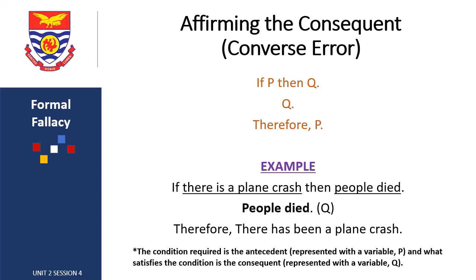Now, these formal fallacies we are going to treat are actually contrasts of basic logical forms, which we've already discussed in a previous session, I think Unit 2, Session 1. Under basic logical forms, we said there are 4 of them that we discussed, and they are all deductive and valid.